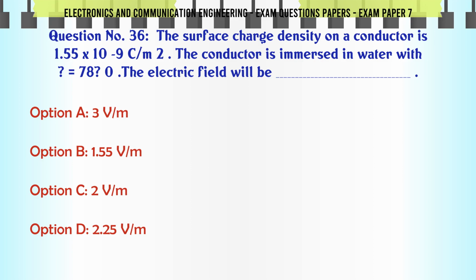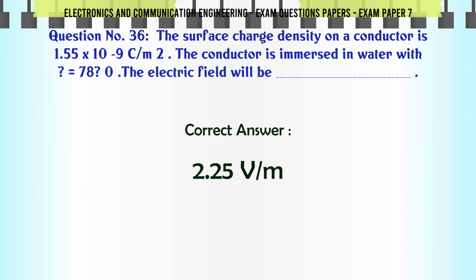The conductor is immersed in water with εr 78.0. The electric field will be: A, 3 V/m; B, 1.55 V/m; C, 2 V/m; D, 2.25 V/m. The correct answer is 2.25 V/m.